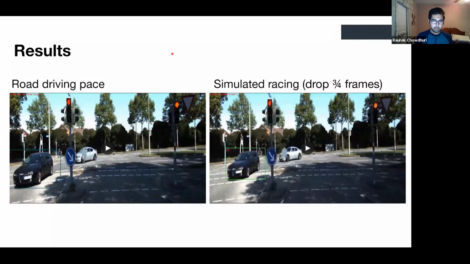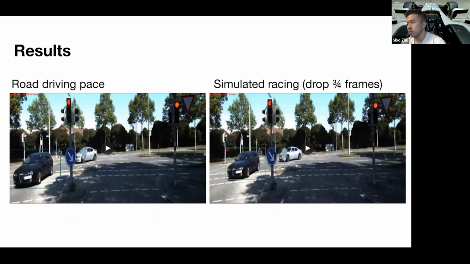So here, I'm going to play these two videos at the same time, but I just want to prepare you for what you're seeing. On the left, you're going to see a video taken straight from the KITTI test set. It's just a standard road driving scenario. But what I also wanted to investigate was how the FairMOT model for object tracking fares when you encounter dropped frames.